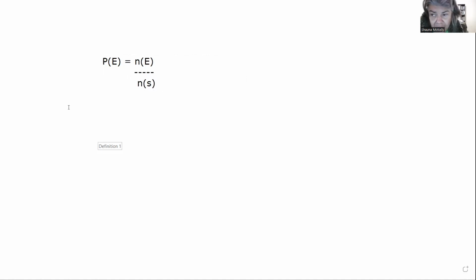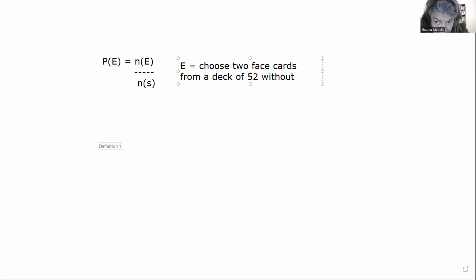The difference is that we need the counting rules, the rule for dependent events, or combinations, because the number of ways to select two cards out of 52 is way too large to count comfortably. So our event is to choose two face cards from a deck of 52 without replacement.